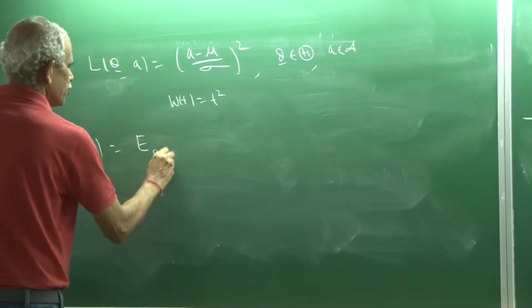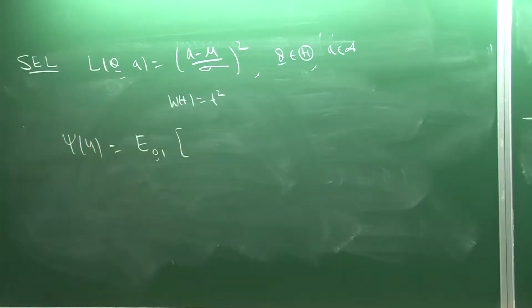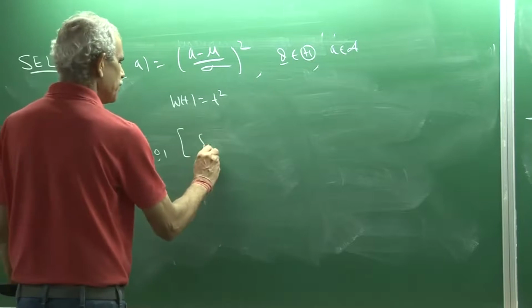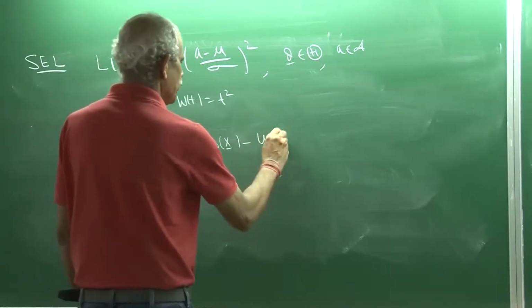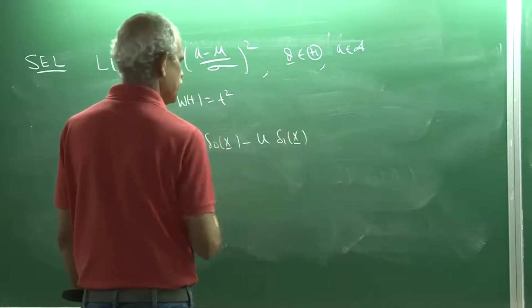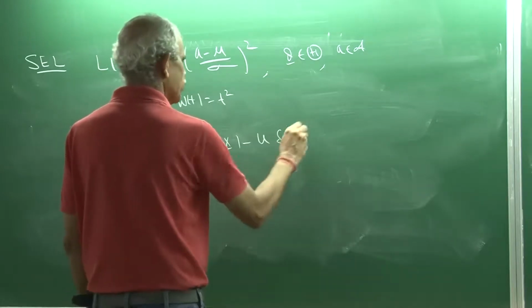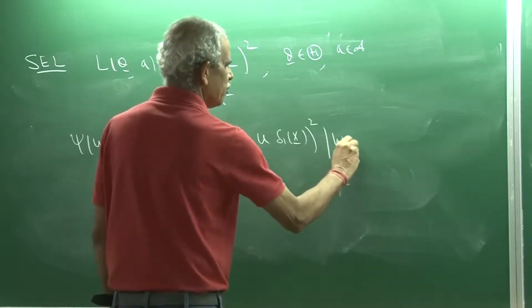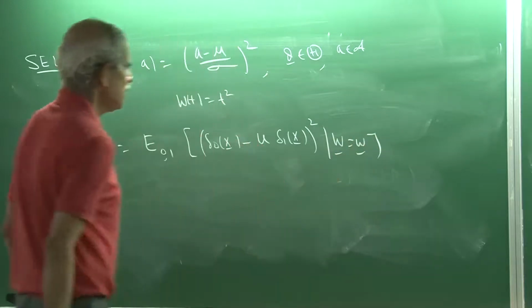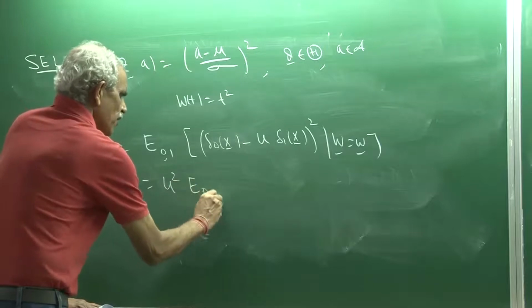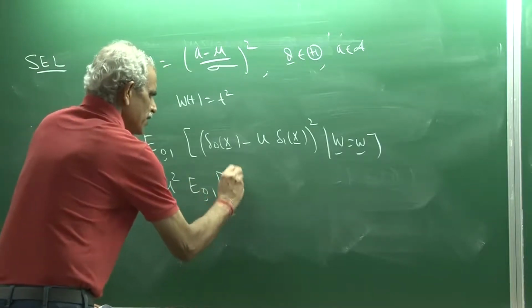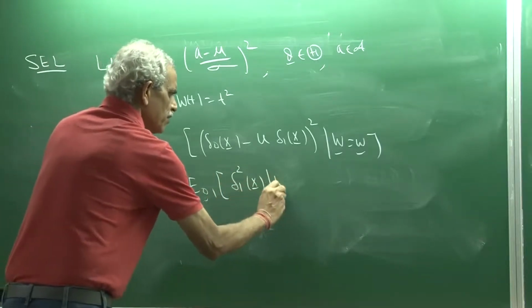So psi u turns out to be E0, 1 of delta naught x minus u delta 1 x whole square, given W is equal to w. So if you want, you can write this as u square E0, 1 of delta 1 square x, given W is equal to w.